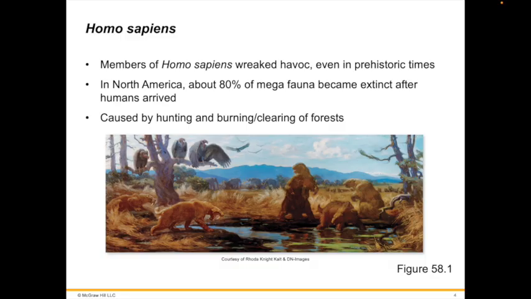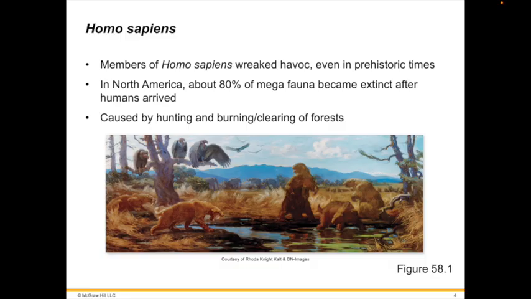Shortly after humans arrived, 80% of the megafauna, that is, animals weighing more than 45 kilograms, became extinct. These extinctions are thought to have been caused by hunting and indirectly by burning and clearing of forests. Climate change may have played a role as well.